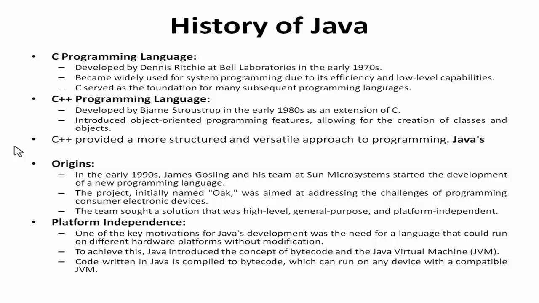To achieve this, Java introduced the concept of bytecode and the Java Virtual Machine. The Java Virtual Machine relies on the Java compiler and takes care of bytecode execution. Code written in Java is compiled to bytecode, which can run on any device with a compatible JVM.